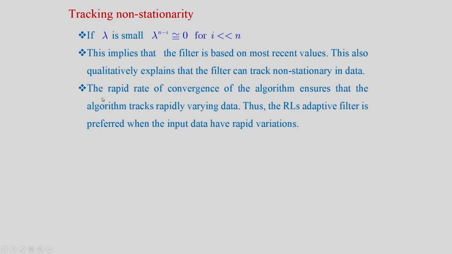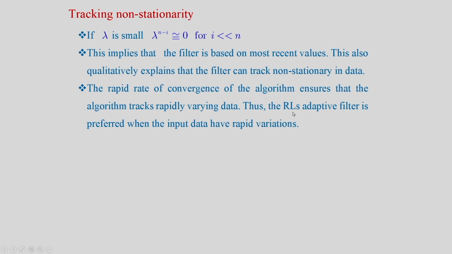So, this is one important factor: because of this forgetting factor, the RLS filter can track non-stationarity in data. The rapid rate of convergence of the algorithm ensures that the algorithm tracks rapidly varying data.